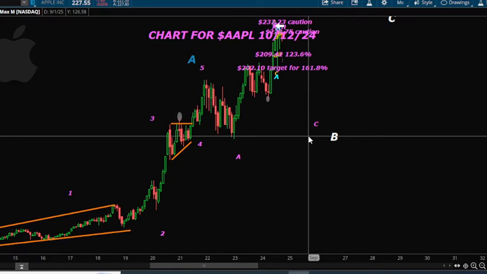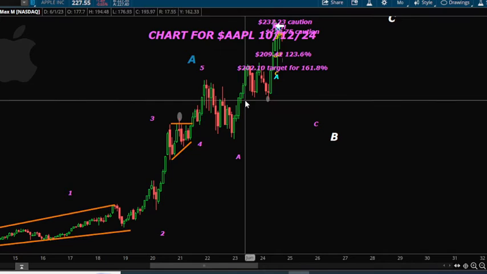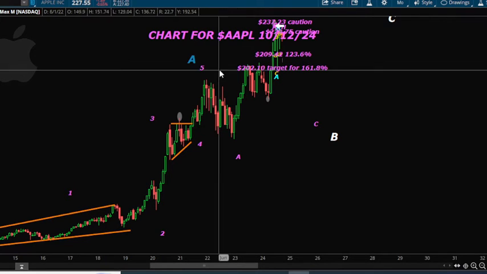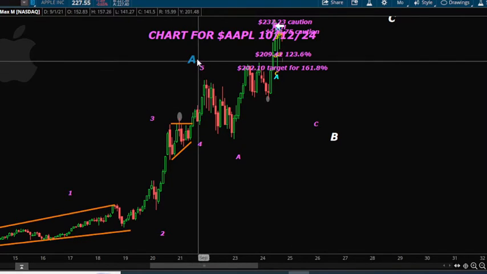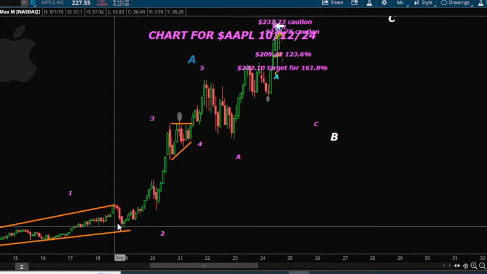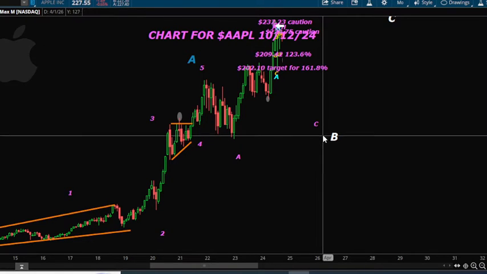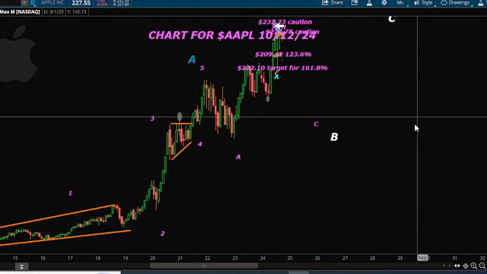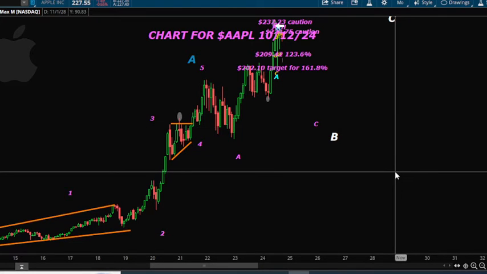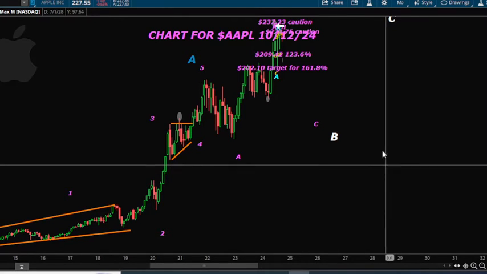Now, wait a second here. Oh yeah. So I guess the alternative count would be to ignore the A here, and this is a rally up, 1, 2, 3, 4, 5, and then an A, B, C correction, and that's a bigger 1, 2, and then a rally up for 3. But I don't know, I'm not going to worry about that too much.